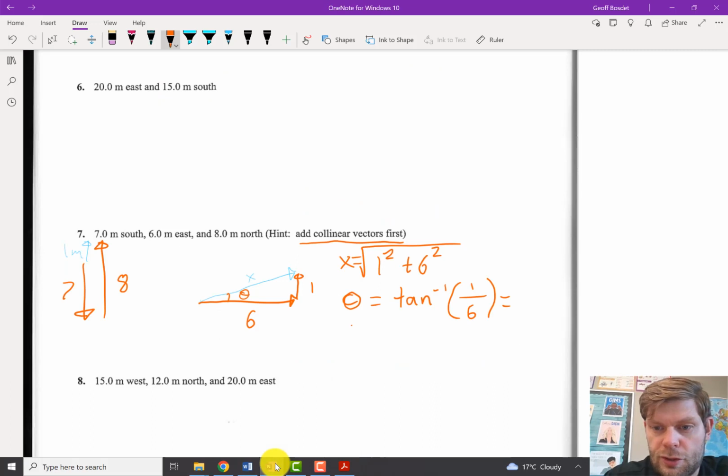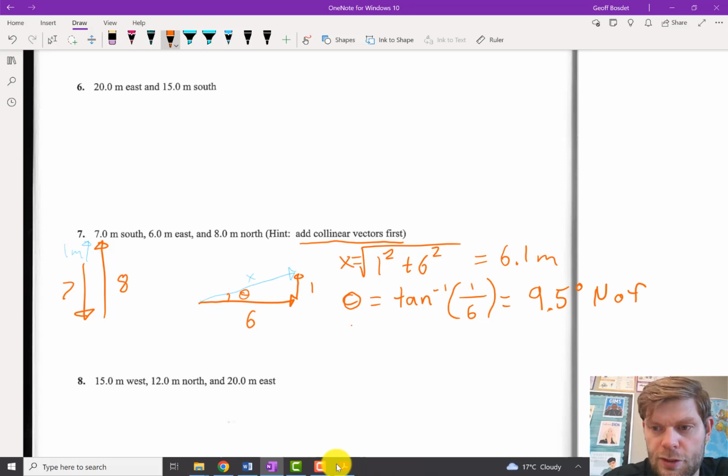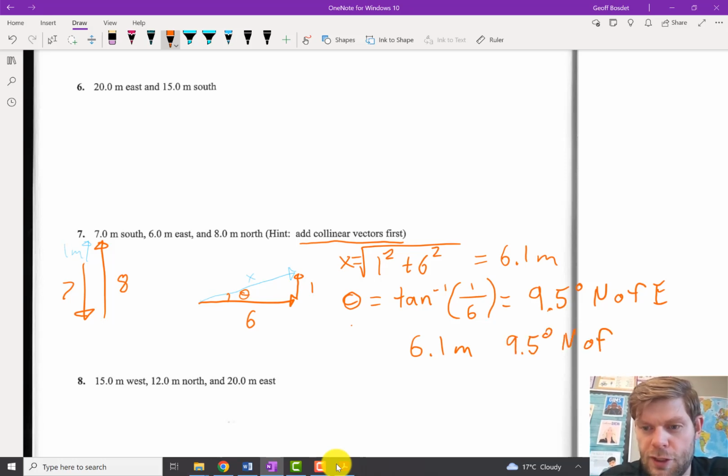So we'll just write 6.1 meters, and what was it, 9.5 degrees north of east. And then we can put them together for our final answer. We are 6.1 meters from where we started in the direction of 9.5 degrees north of east.